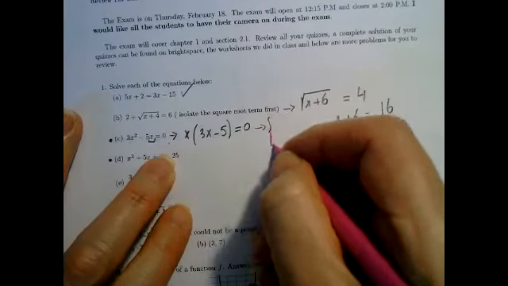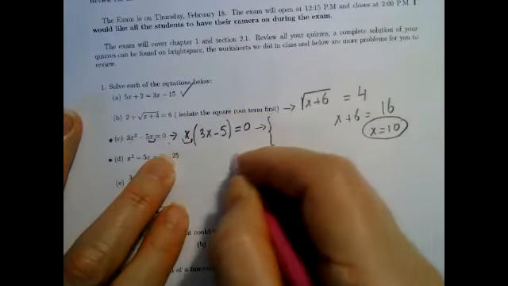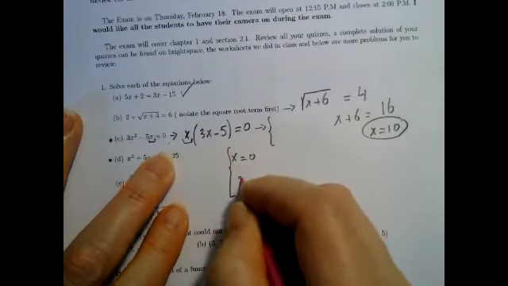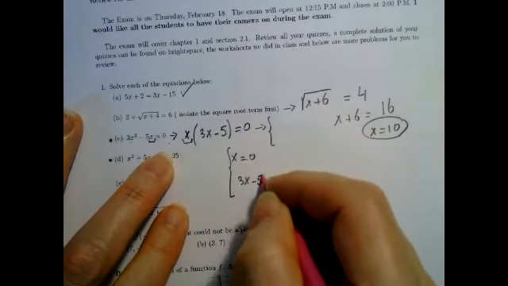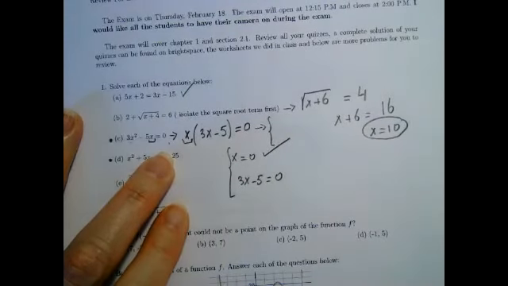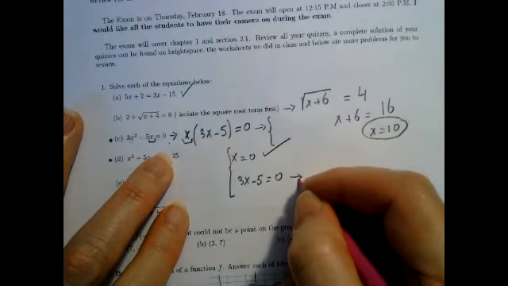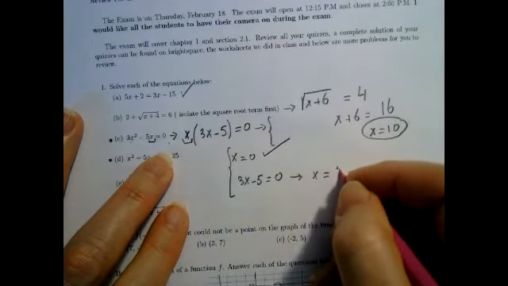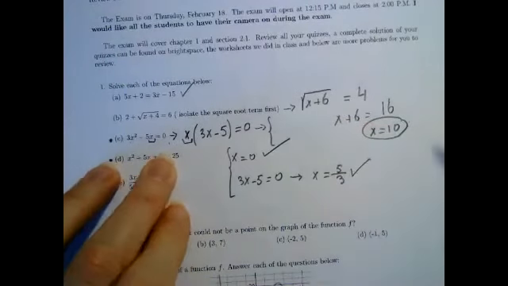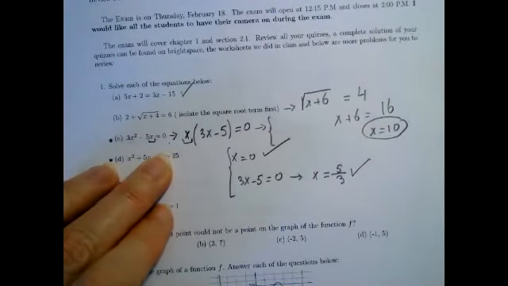So the first factor gives me x equal to 0, and 3x minus 5 equal to 0 gives me x equal 5 over 3. So the solution would be x equal to 0, x equal 5/3.